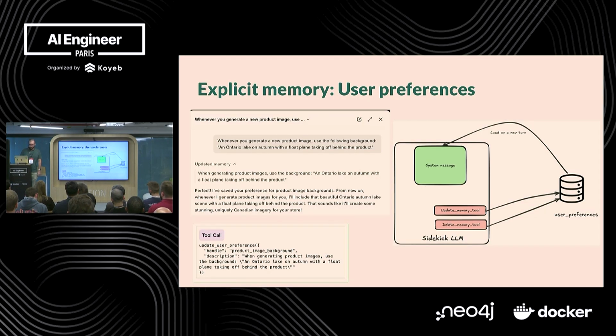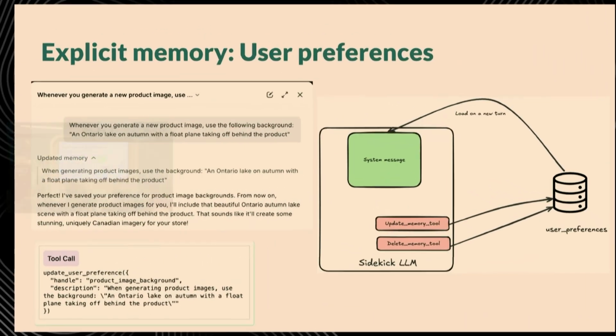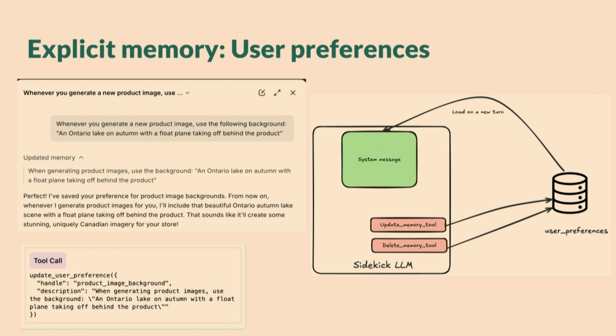In terms of user preferences, we call them explicit memory. Imagine this scenario where the user says, whenever you generate a new product image for me, please use the following background because it aligns with the vision I want to tell my customers about products.